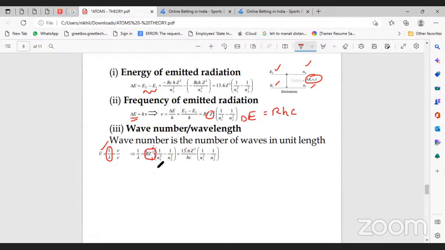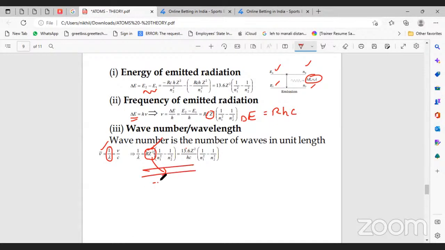Why am I bringing z squared here? If you are talking about an atom other than hydrogen, then whatever value you get for 1 by lambda, you just multiply by z squared. If you are taking a hydrogen-like atom instead of hydrogen, you have to consider this formula, students.